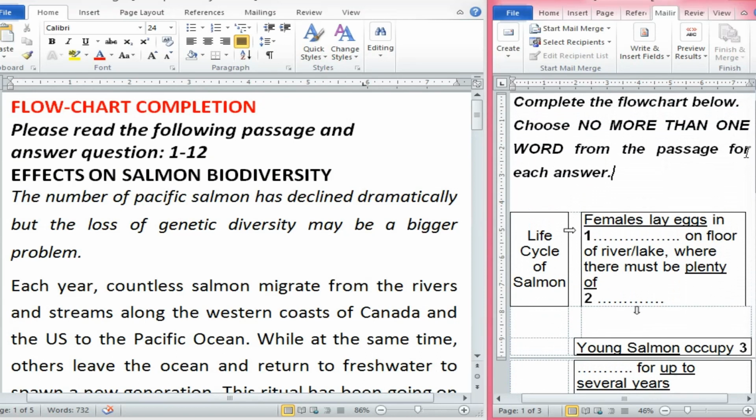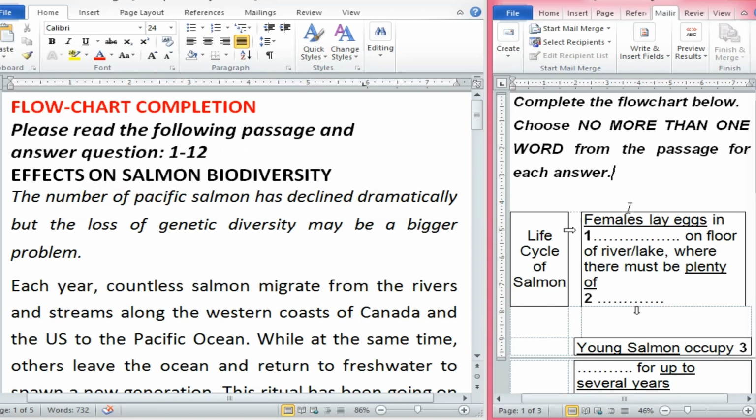But if you are going to appear for the paper based test, at first you will have the passage, sure, and then you will have the question. Generally you have the passage, and this is the question type. So please read the following passage and answer questions 1 to 12, as you can see here. And there is a title, effects on salmon biodiversity, and then these are the questions.